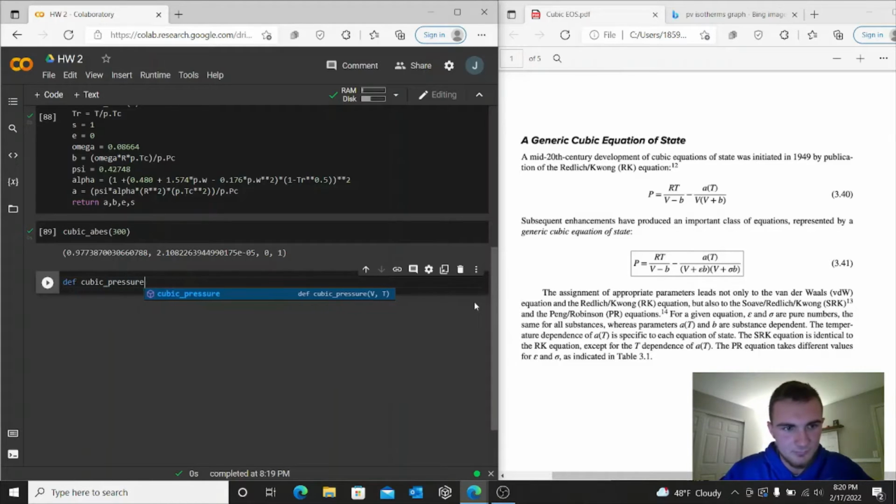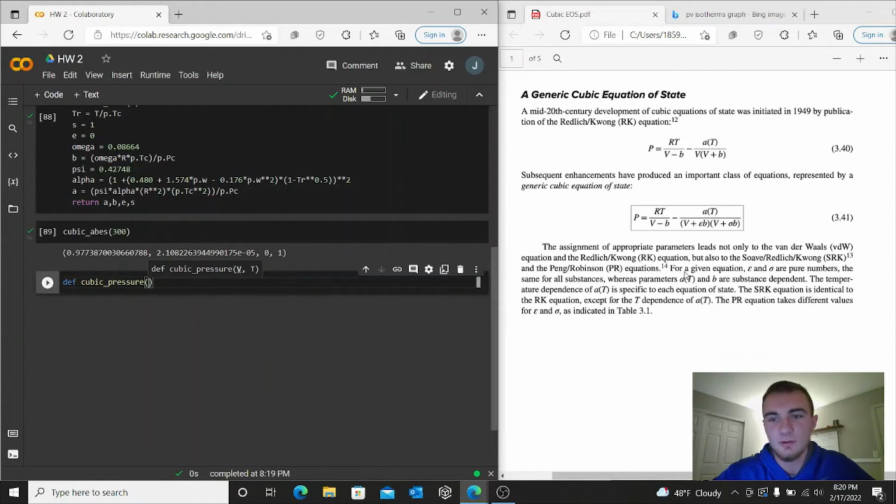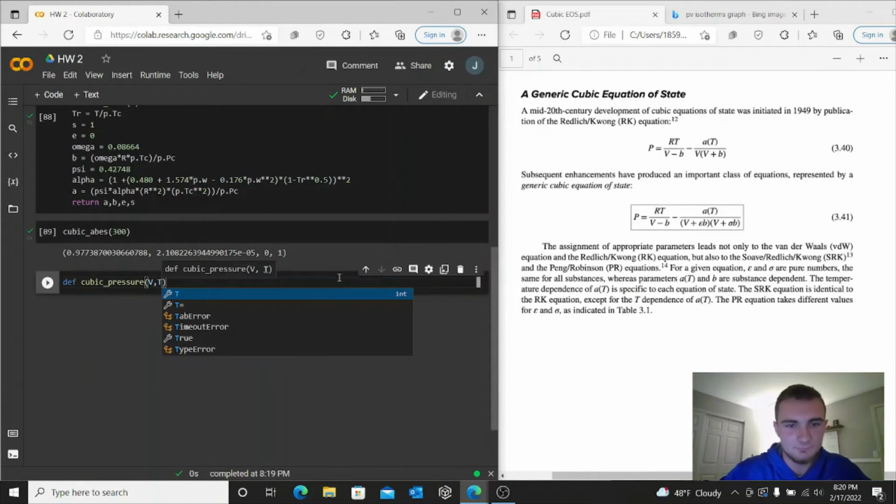Again, this equation is equal to pressure, and we'll have to supply both volume and temperature here. I'm pointing to this equation, but this is the simplified one down here. We already have our parameters, but we'll need to supply the volume and temperature.